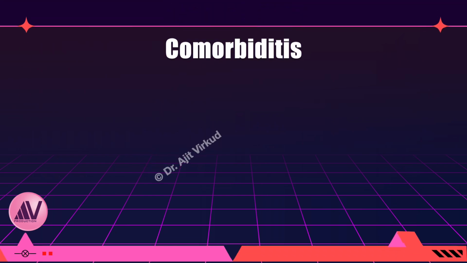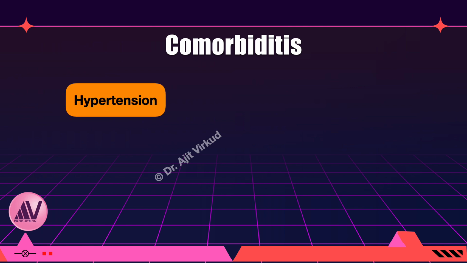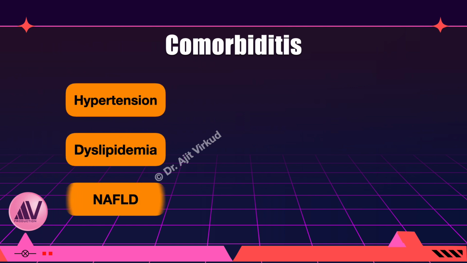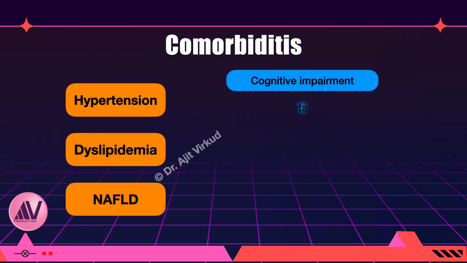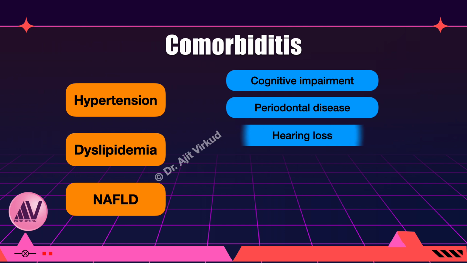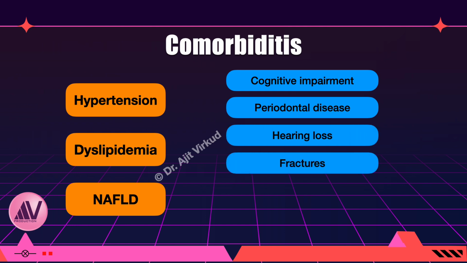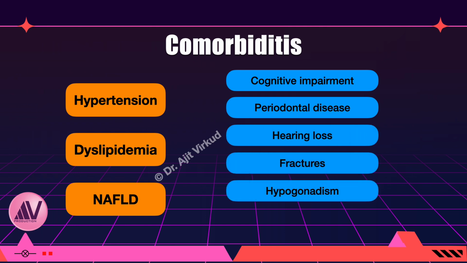The traditional comorbidities associated with diabetes mellitus are hypertension, dyslipidemia, and non alcoholic fatty liver disease, NAFLD. But one must remember that there are other equally important comorbidities such as cognitive impairment, periodontal disease, hearing loss, fractures, hypogonadism, especially in males, and PCOS in females.